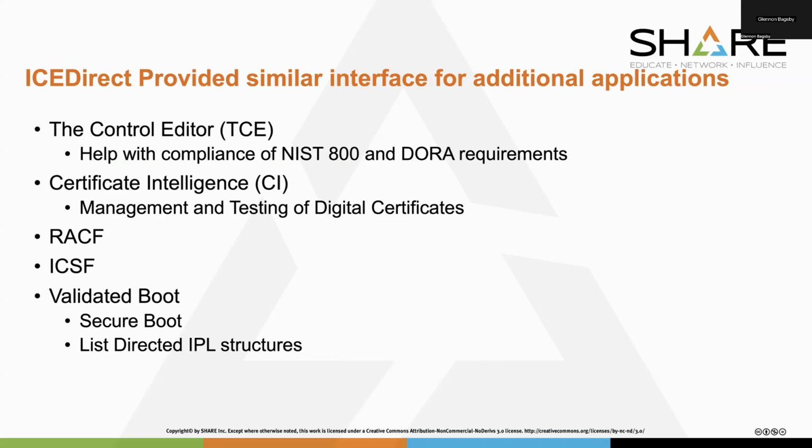All of that is written to the journaling system. The control editor has an application that helps you both manage and analyze the results in those journals. This helps you with compliance for the different regulations that are out there from government agencies, both in North America and in Europe. So we have a lot of applications within ICEDirect to help you with that, again, using the data source created by the control editor.